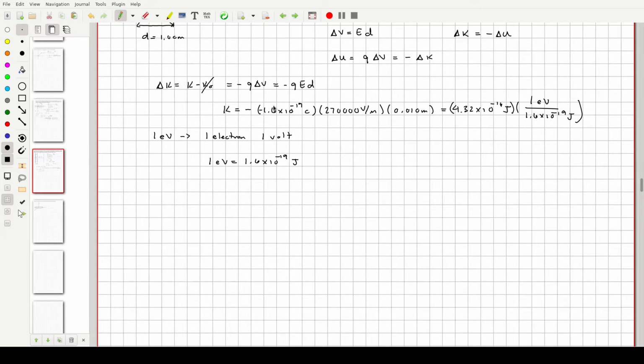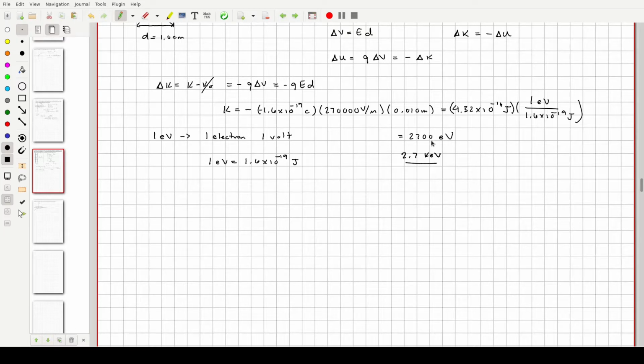So let's do that. I'm going to divide that by 1.6 times 10 to the minus 19th. And I get 2,700 electron volts, or 2.7 keV.